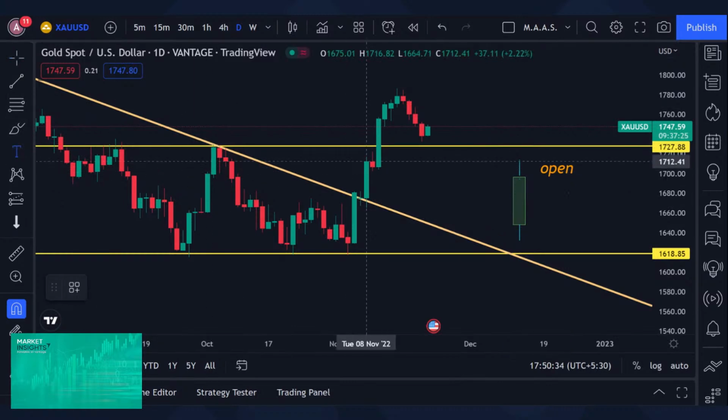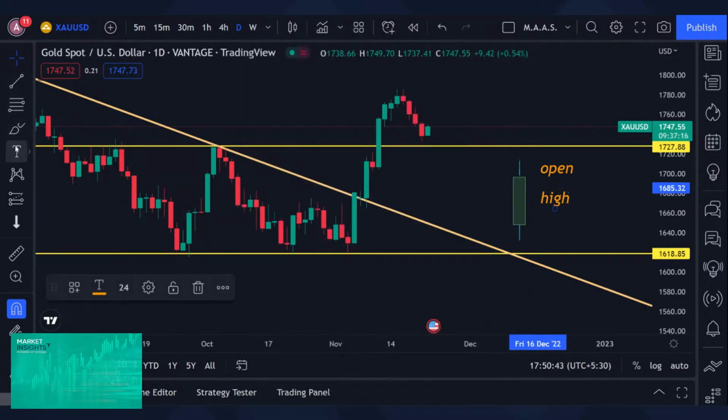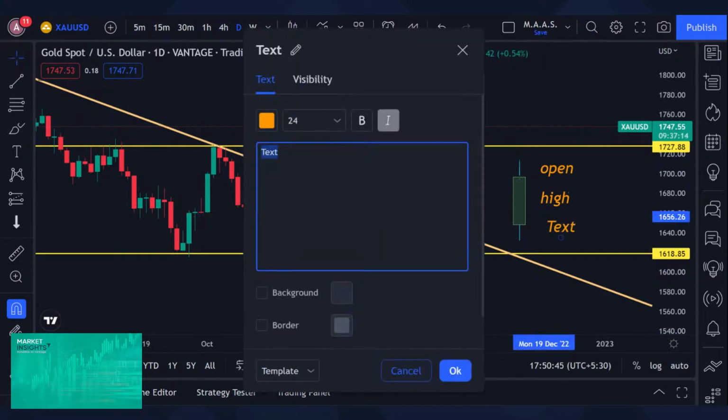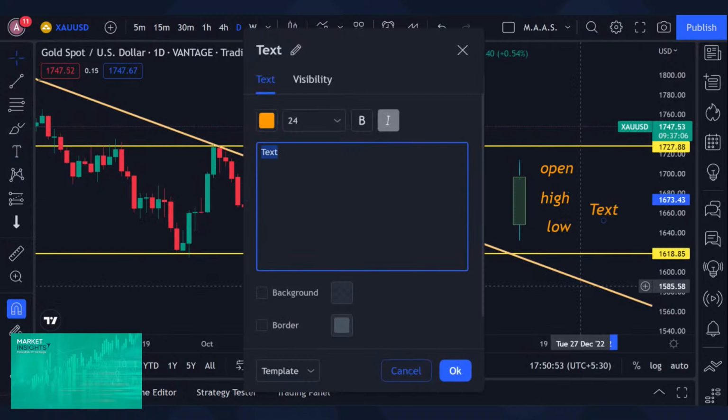We have got an open, high, a low, L, and close, right?